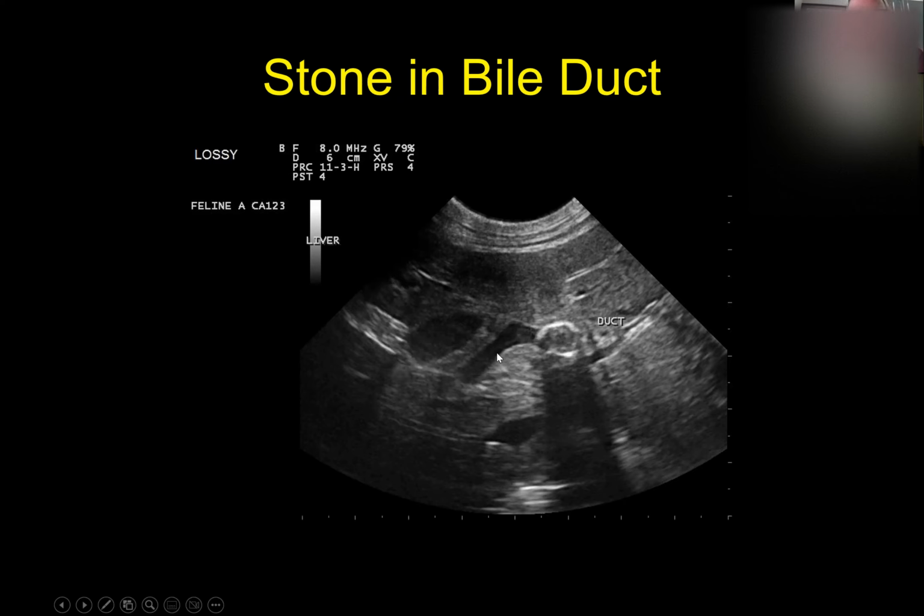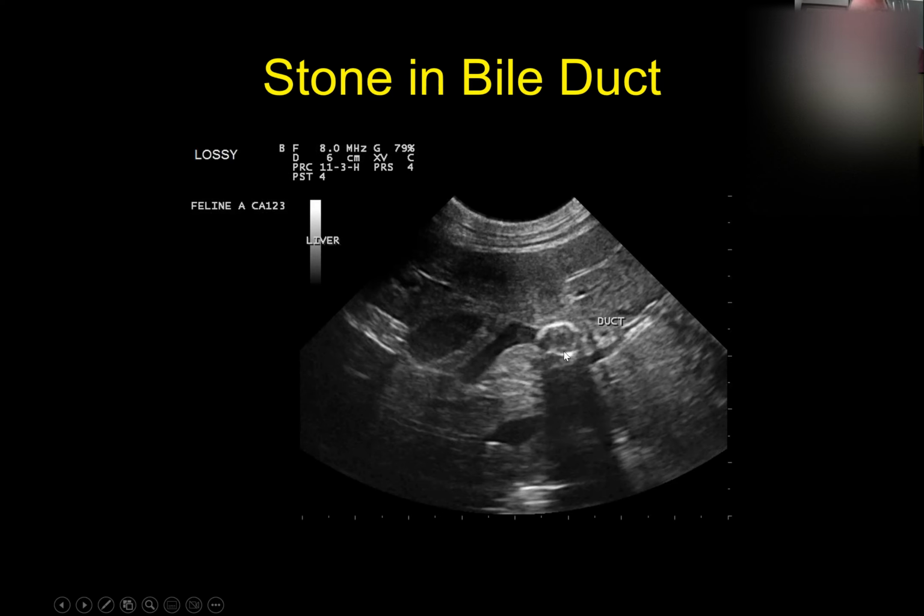A normal bile duct, again, you don't see, but if it becomes obstructed due to a stone or sometimes a cancer or tumor that's compressing the lumen of the bile duct, then in this case we see the stone casting shadowing, so it's mineralized and it's stuck in the bile duct. The bile duct cranial to that area is going to be really dilated. The bile duct caudal to it, you're probably never going to see because it's not dilated, because nothing can get through past this stone.